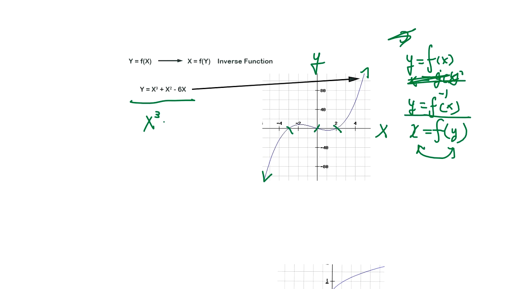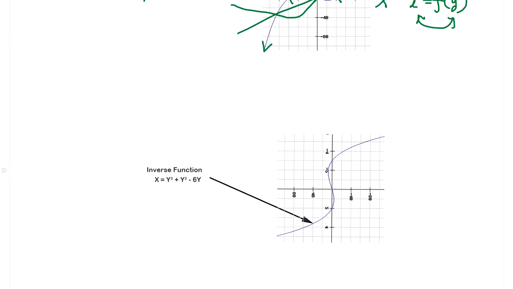So this function is going to be, let's see, 45 degree. That means it's like that. You flip it, so it's going to be like that, okay? You're right, this is correct.